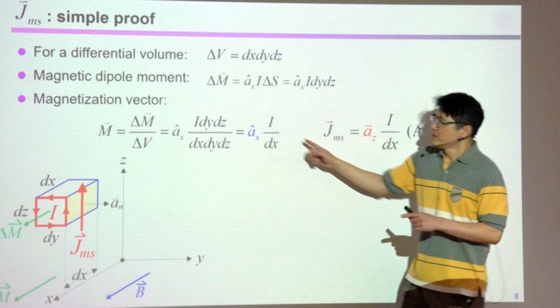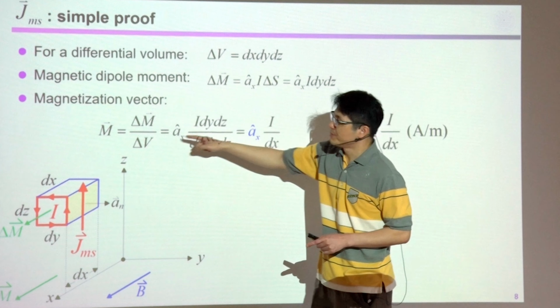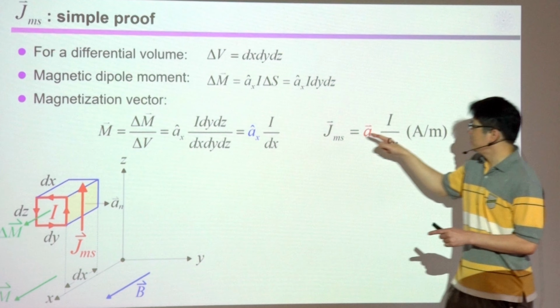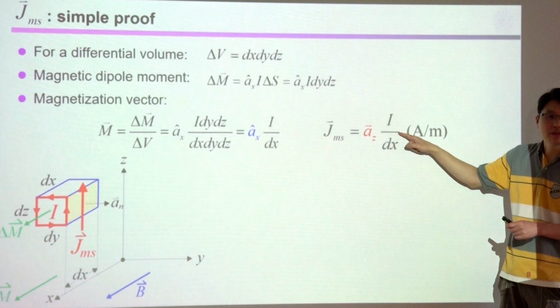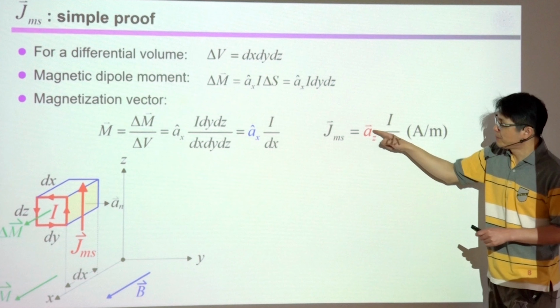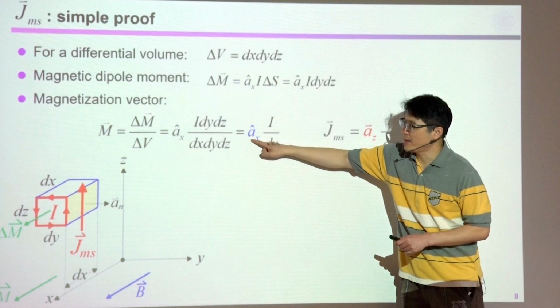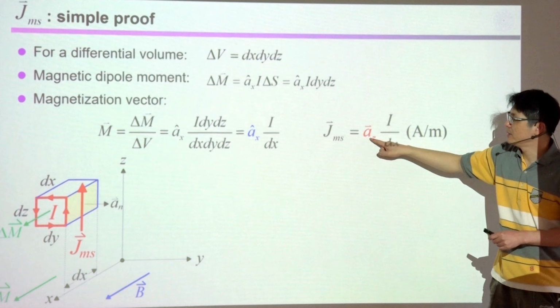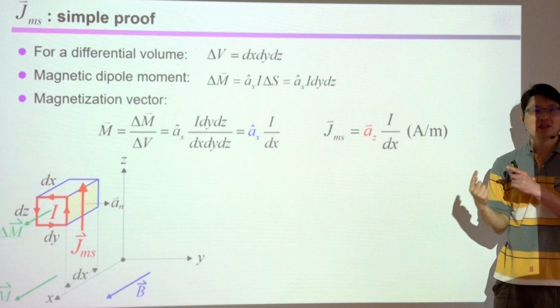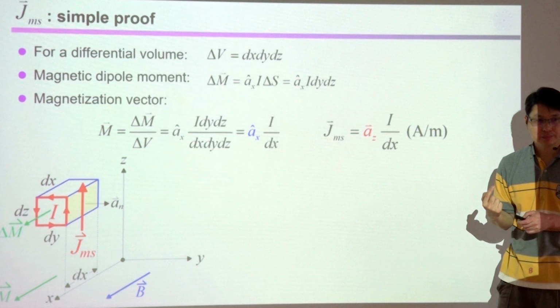Apparently, from your calculation of magnetization vector, the magnitude is identical to its line current density, but the direction differs. M is in the x direction, but your J is in the z direction.